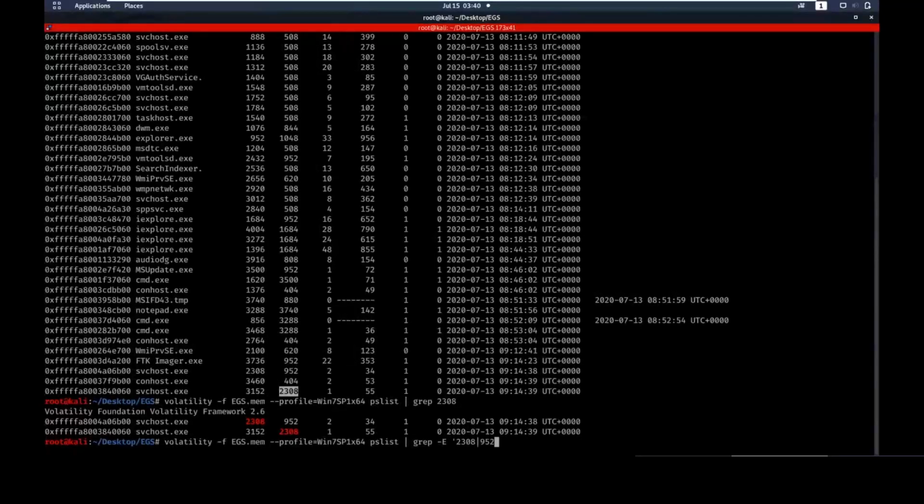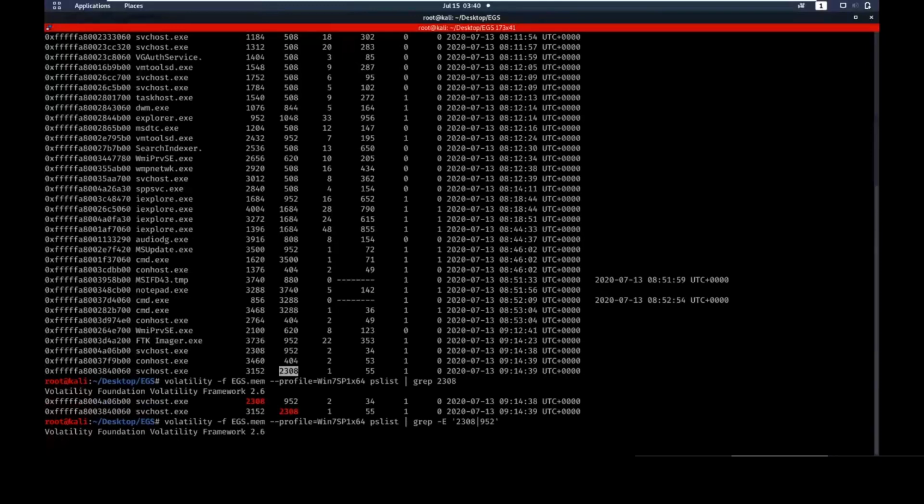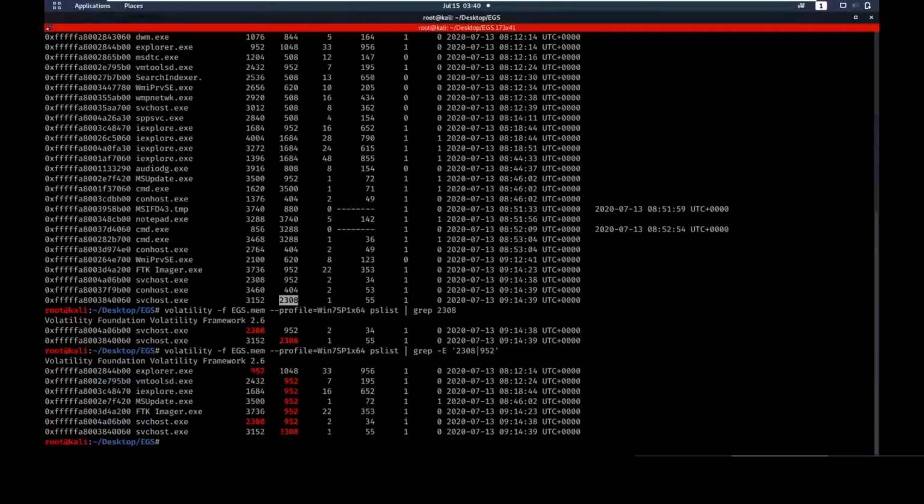Let's see what the result would be. Here we go. As you can see, 952 is the process ID for Explorer. So here I have the svchost, which is the child of another svchost, which is a child of Explorer.